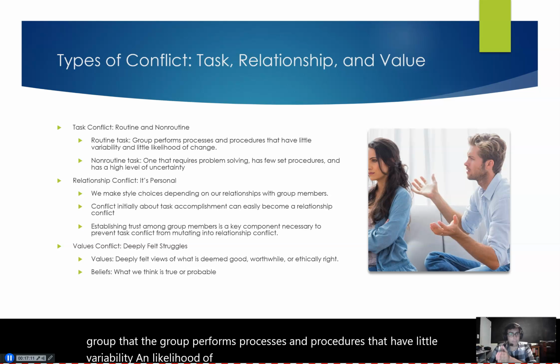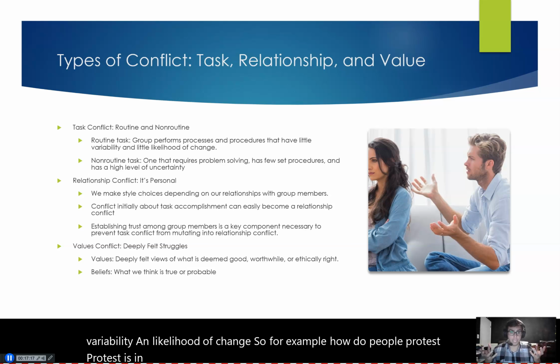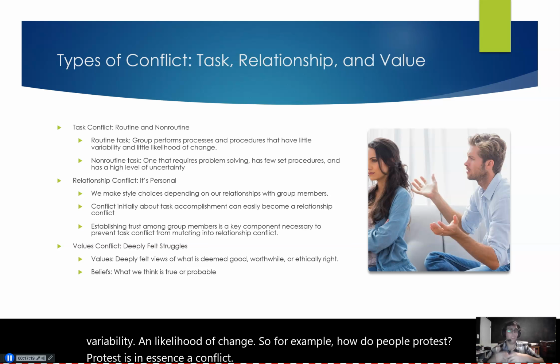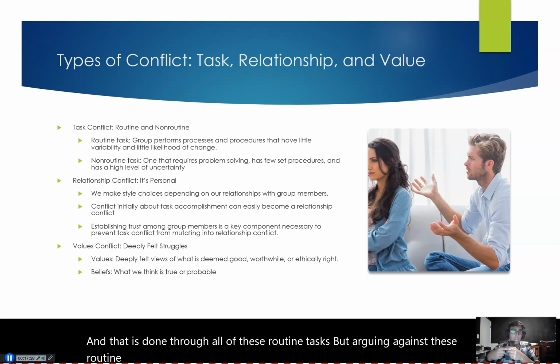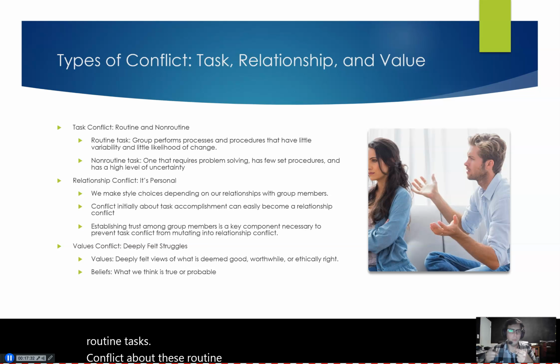So, for example, how do people protest? Protest is in essence a conflict. And that is done through all of these routine tasks. But arguing against these routine tasks, a conflict about these routine tasks, is not going to help us, is actually going to hurt us in a lot of different ways.